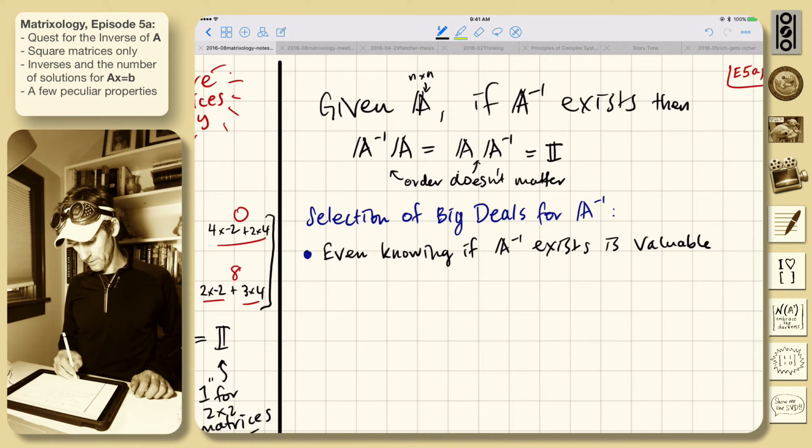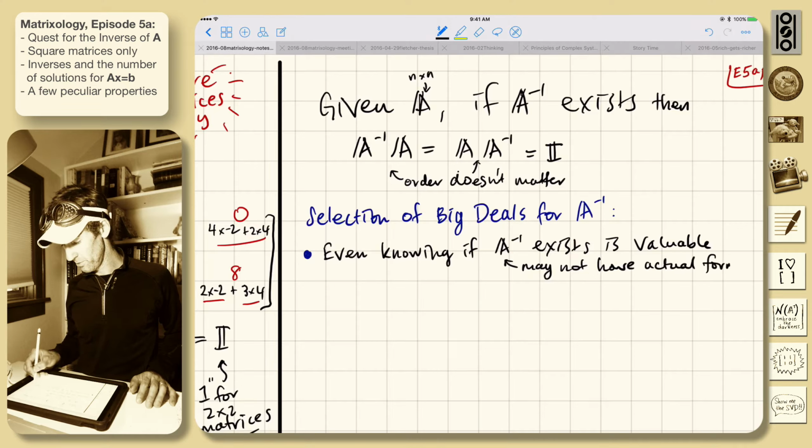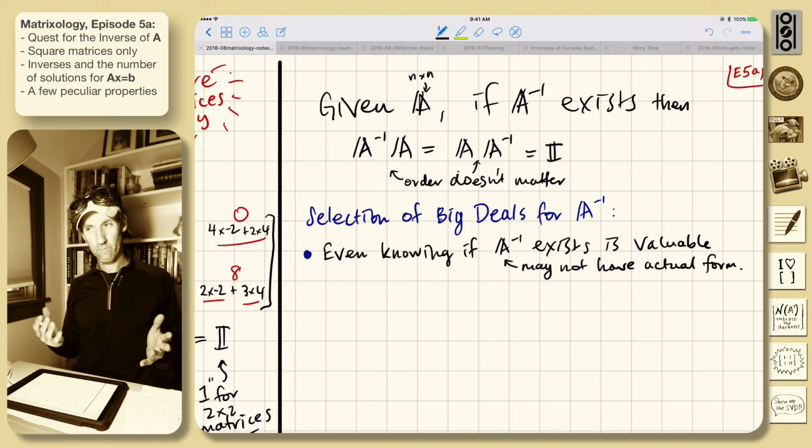So that'll kind of come out. We may not have the actual form. We just know that we can undo A. Right. This is a bit of a silly thing I'm doing. Okay, so there's one. Let's make it a different color. Good.